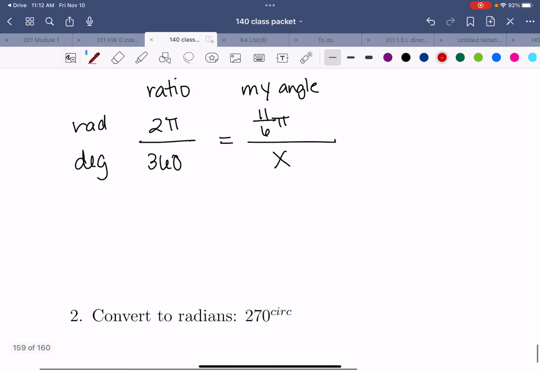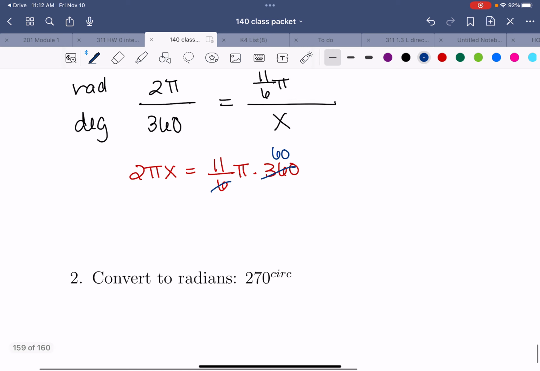And then we go ahead and cross multiply. So x times 2 pi gives me 2 pi x. And then we'll have 11 over 6 pi times 360. Okay. And again, this 6 goes into 360 60 times. And we end up with 2 pi x is equal to 6 times 11 would give me 660 pi.